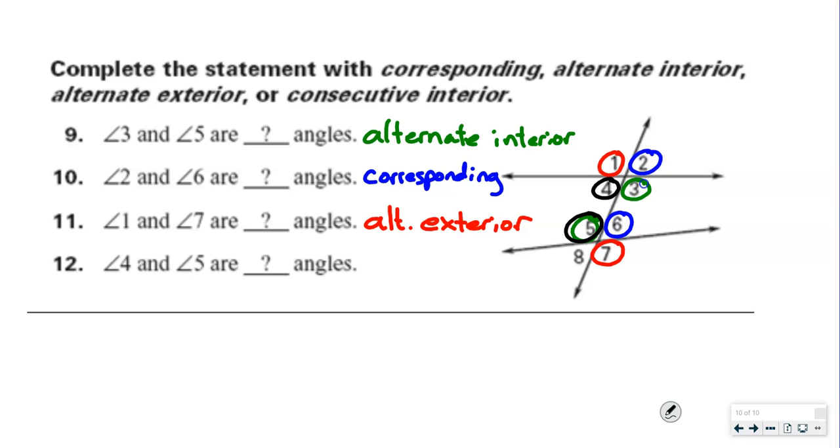They are on the same side of the transversal, inside the two lines. So they are consecutive interior angles.